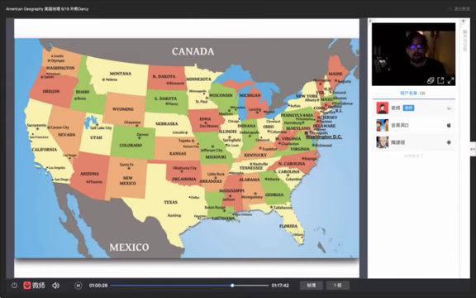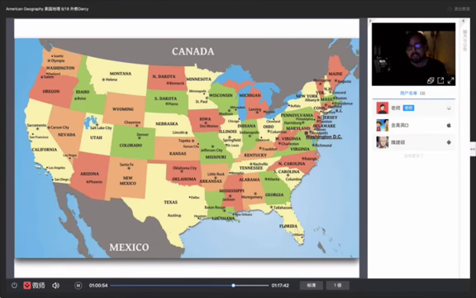Columbus, Ohio. Lansing, Michigan. Indianapolis, Indiana. Madison, Wisconsin. Jefferson City, Missouri. Little Rock, Arkansas. Baton Rouge, Louisiana. Austin, Texas. Oklahoma City, Oklahoma. Topeka, Kansas. Lincoln, Nebraska.